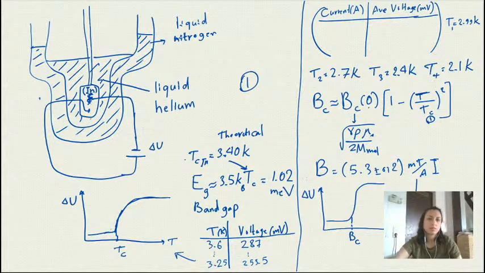The second exercise says to determine the critical magnetic field for both samples. But we have here just one sample at four different temperatures.